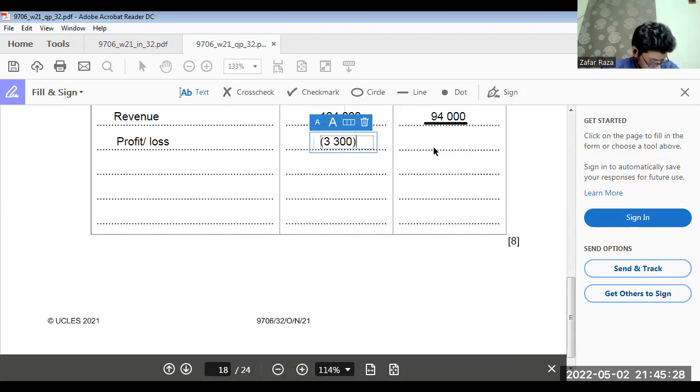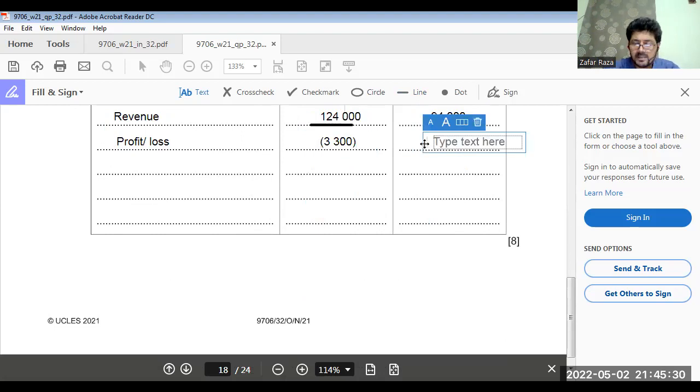And this is showing a profit of 17,000. This is the situation. Yeah, but we have earned 8 marks.